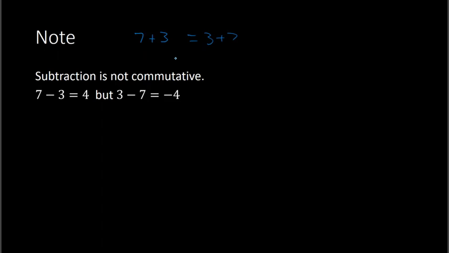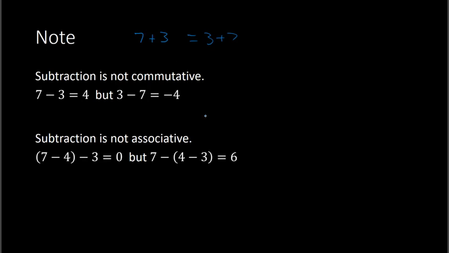And as we stated, subtraction is not associative either, meaning it does matter how I group together the different numbers I'm subtracting. So if I were to subtract 7 minus 4 minus 3, looking at the grouping, if I group together 7 minus 4 and do that first, that would be 3 minus 3, which would equal 0.